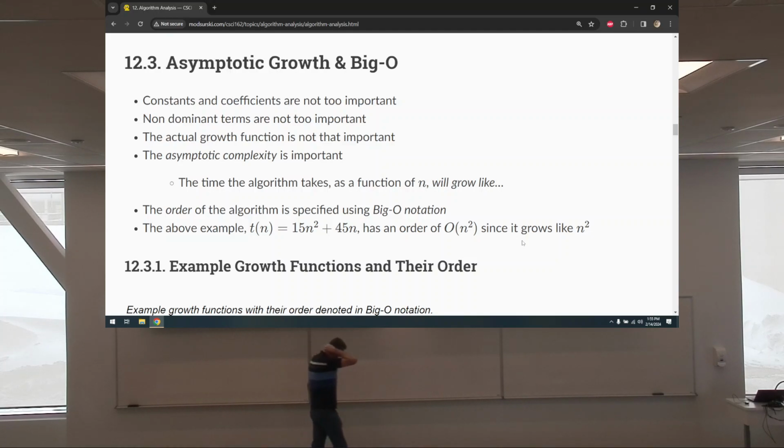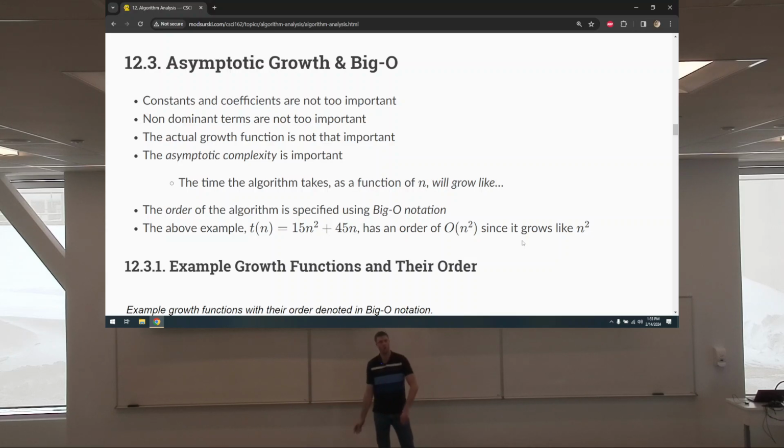Anyways, we are lazy, and talking about any specific growth function, like 15n squared plus 45n, that's too complicated for us. What we want to do is take our growth function and then say, okay, which of our suite of popular growth functions does this look the most like? We never want to talk about, oh, it's 15n squared plus 45n.